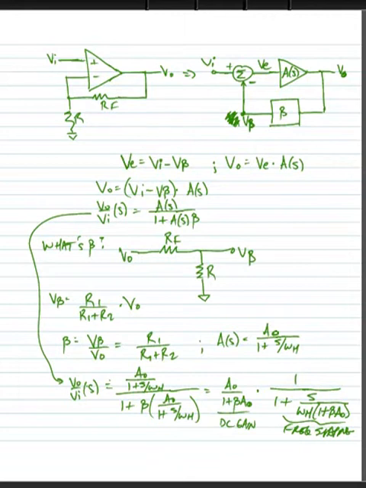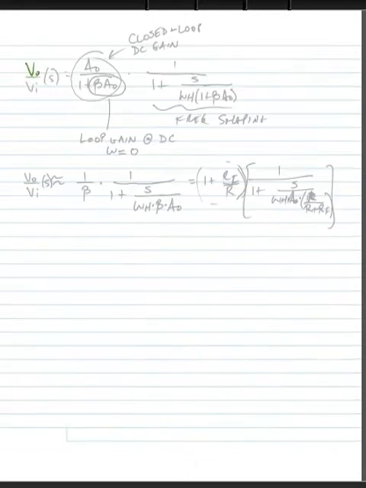Now looking at this in terms of our control system, we have V out over Vi with respect to S is equal to A naught divided by 1 plus beta A naught times 1 over 1 plus S divided by omega H times 1 plus beta times A naught.